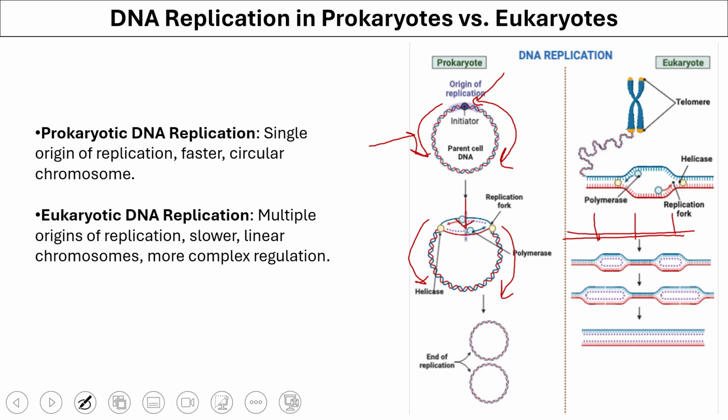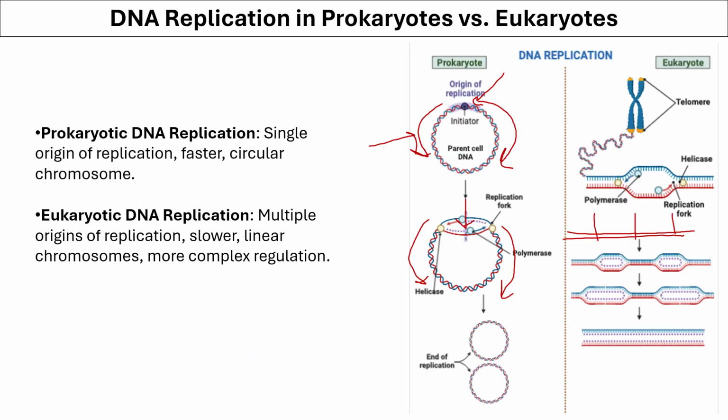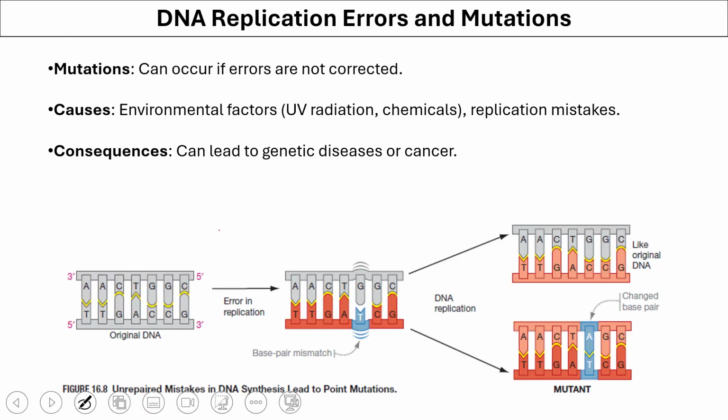As mentioned previously, it's very important to perform the proofreading of replicated DNA. It's important to get rid of any kind of mistakes in the base pairing. But if there are still errors in the replicated DNA, it leads to mutations, or changes in the DNA makeup. What can be the causes of such mutations?